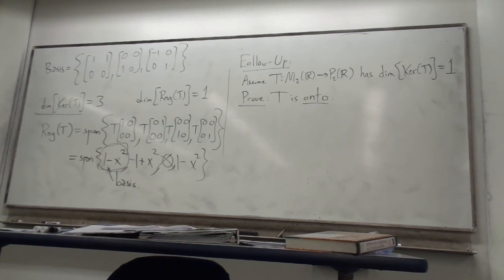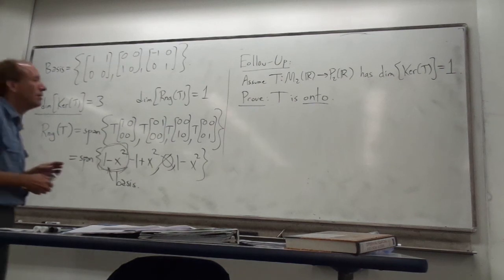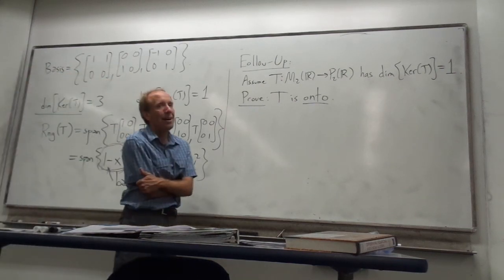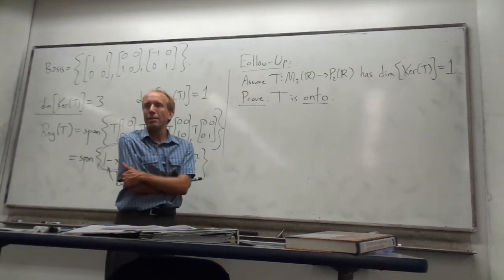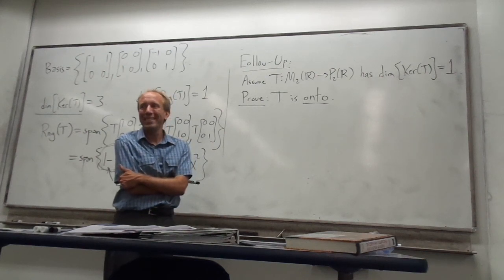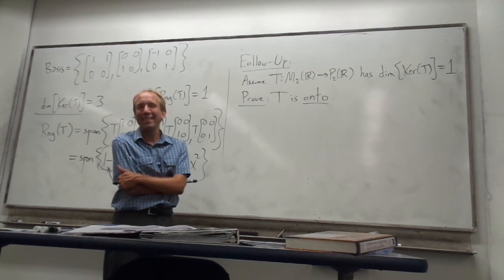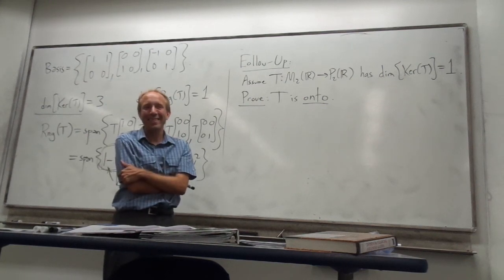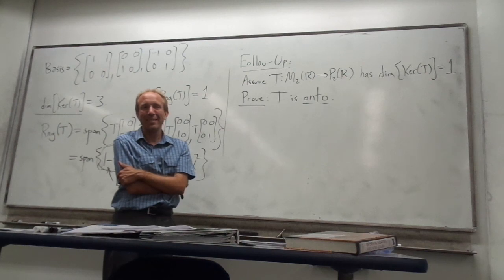The transformation, the kernel is one-dimensional. Brian, do you think you know? No. Okay. Frank? Give it a try. You can use the formula, the dimension of the kernel plus the dimension of the range.